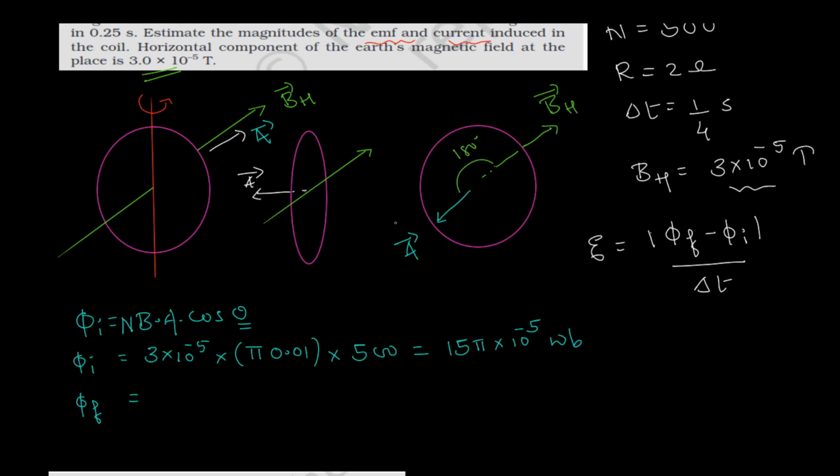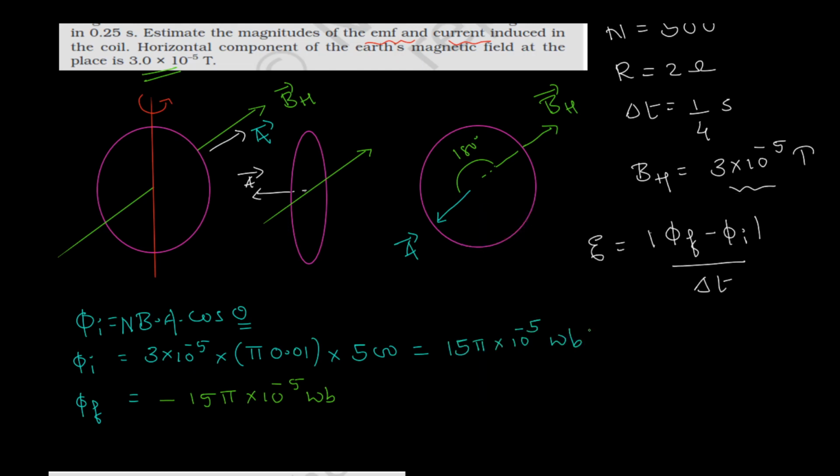So only that thing changes. So with the cos 180 you will get final flux to be minus of this value, which is minus 15 pi into 10 to the minus 5 Weber, right? But when you subtract this you will get 2 times the value, right?